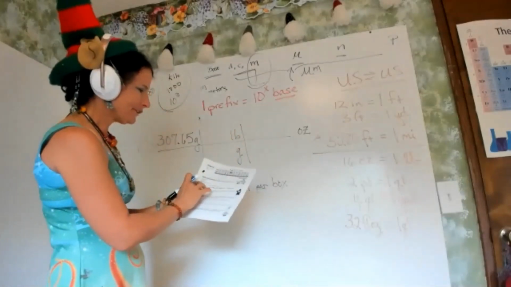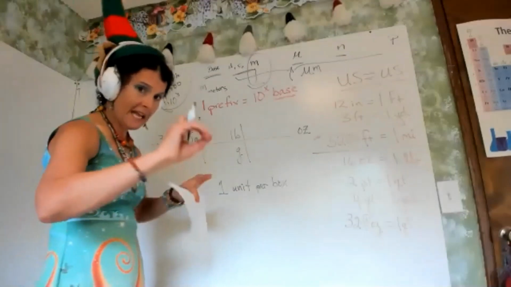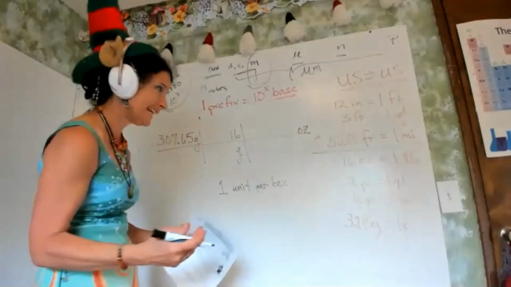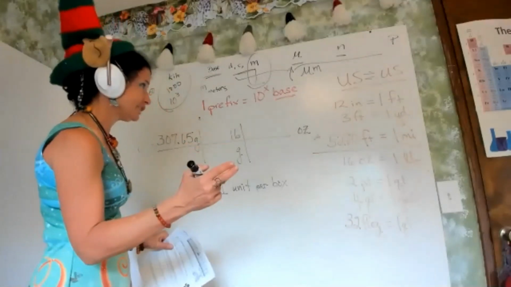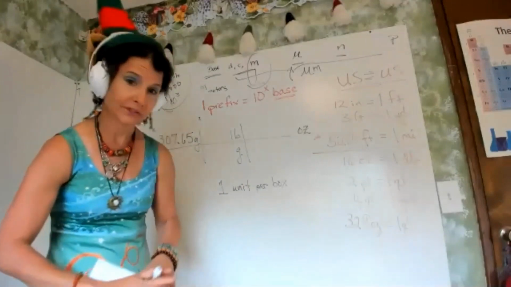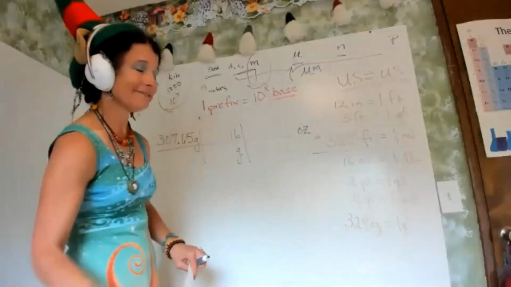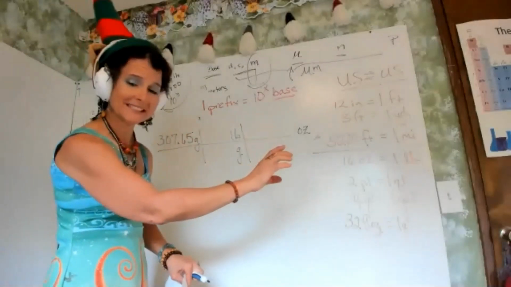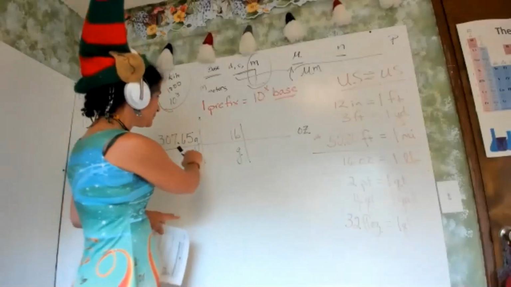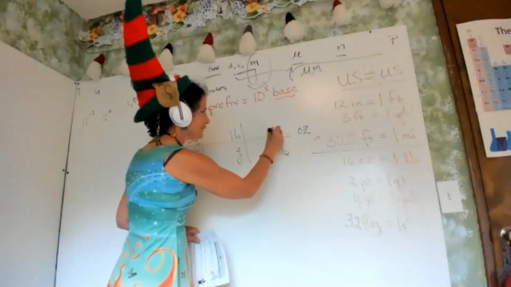At the top of that page in the notes, for those of you in 151, top of the page in the lab, top of the page in the next study set, study set 2, there are certain US to metric conversions that we're going to use. There is a conversion from grams straight to ounces, and that's wonderful. But I'm trying to teach you the methodology, so we're going to change grams to pounds, and then we're going to change pounds to ounces.